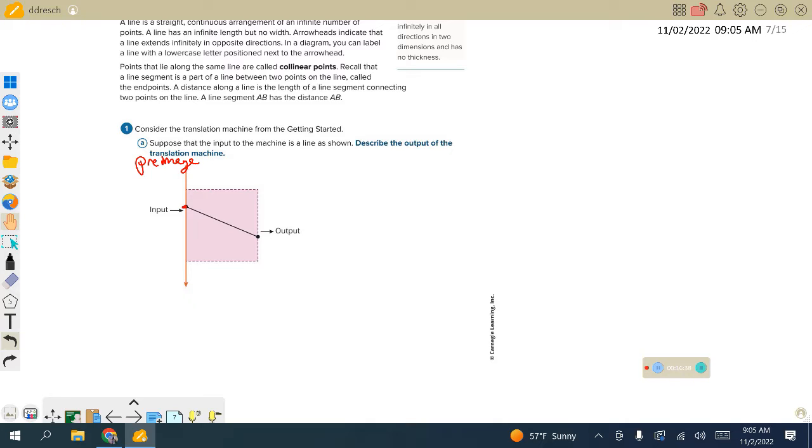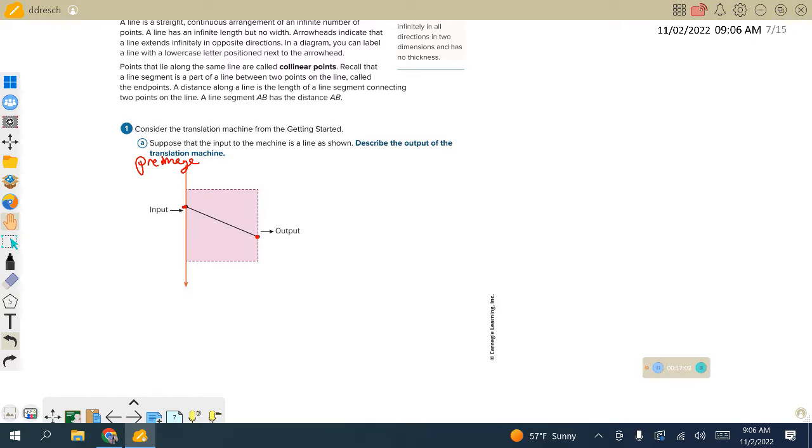So that patty paper can be used for any of the types of transformations. Now we're going to use it for a translation here. Now what I want you to do is take that point and follow it along that path to where that point lands on this output over here. And as you do that, what is happening to that vertical line?